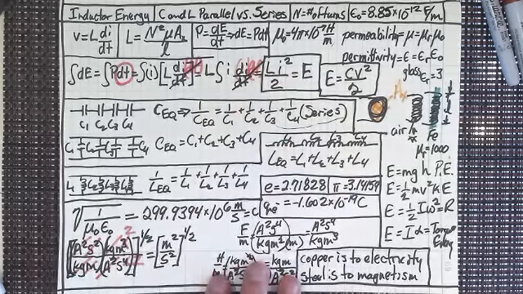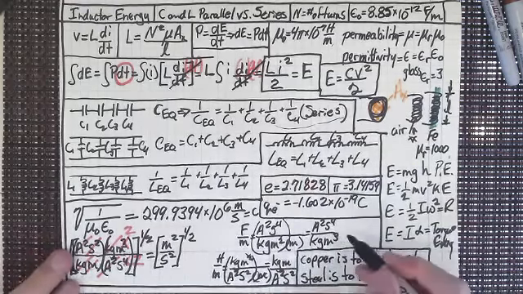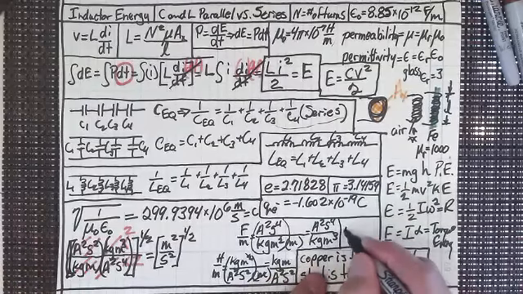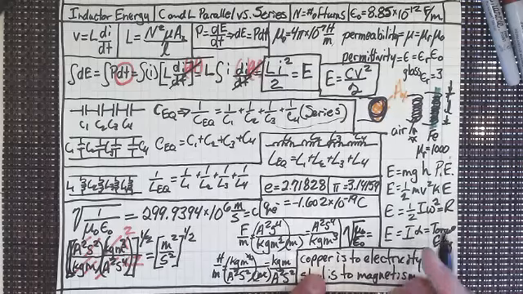So, well, I was pretty long on the last couple things. We can do another thing too. I'm not going to do it, but I just want to point it out to you. What if instead I had the square root of mu sub O over epsilon sub O? What's that?